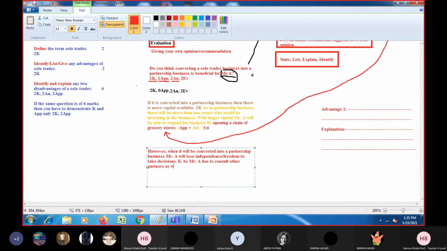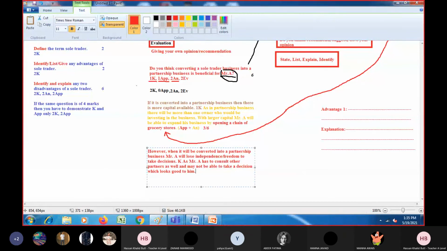So other partners as well, and he may not be able to take a decision which looks good to him, right? Because there are other owners as well.